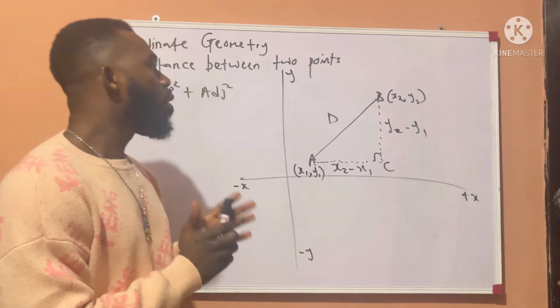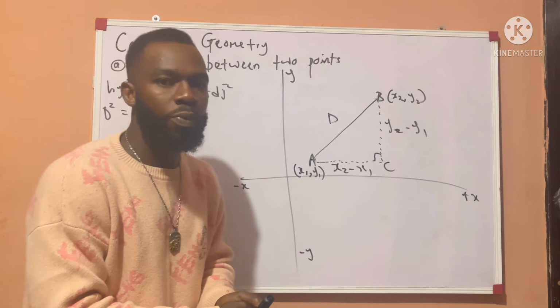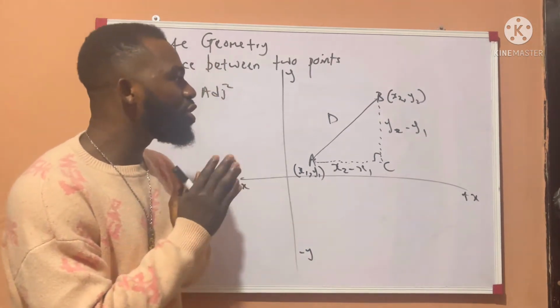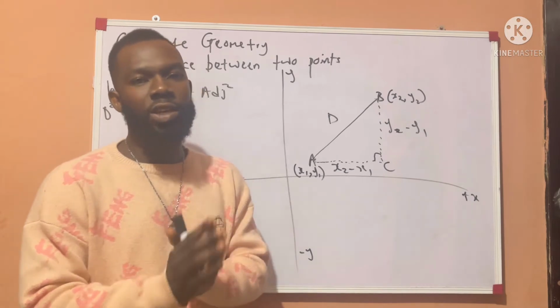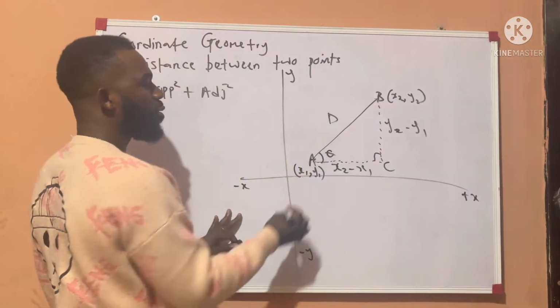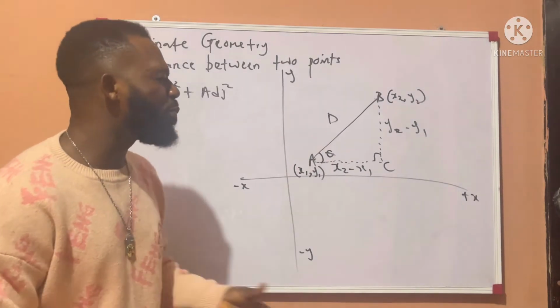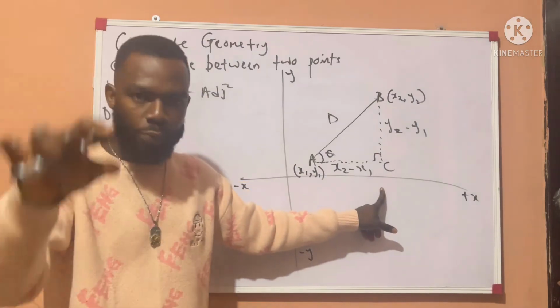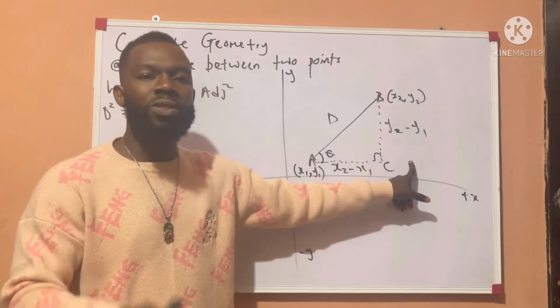Now the reason why we don't know which is the opposite and which is the adjacent is because there is no given angle in the right angle triangle. If for instance I include here angle theta, because of the presence of angle theta, line BC becomes the opposite and line AC becomes the adjacent.